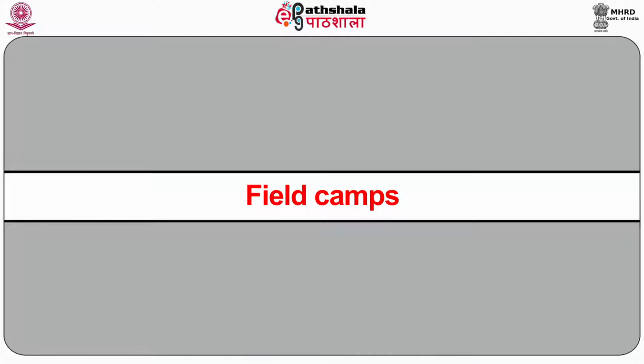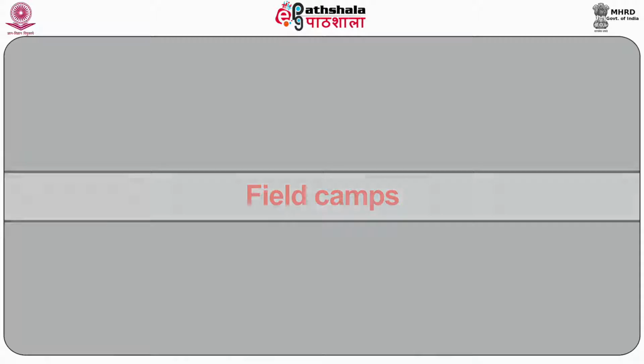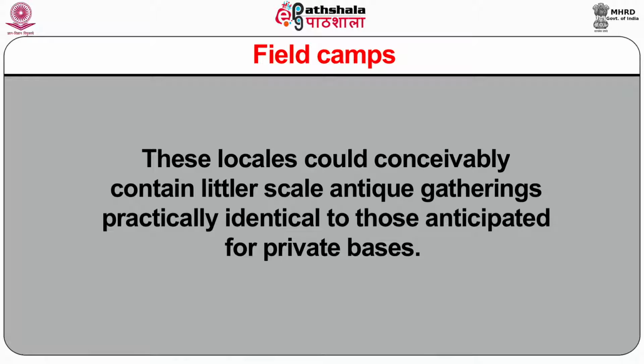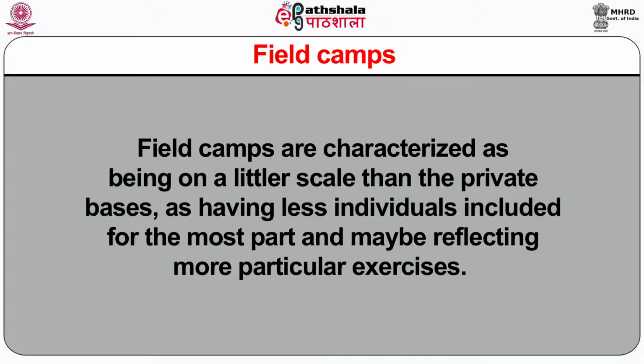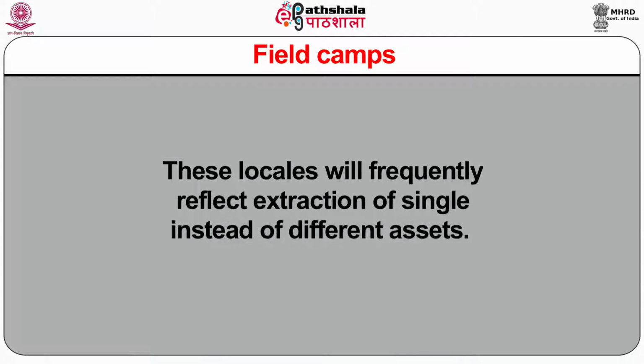Field camps. Those sites could potentially contain smaller scale artifact assemblages practically identical to those anticipated for residential bases. Field camps are characterized as being on a smaller scale than the residential bases, as having fewer people, including for the most part, and perhaps reflecting more specific activities. These sites will often reflect extracting of single rather than multiple resources.